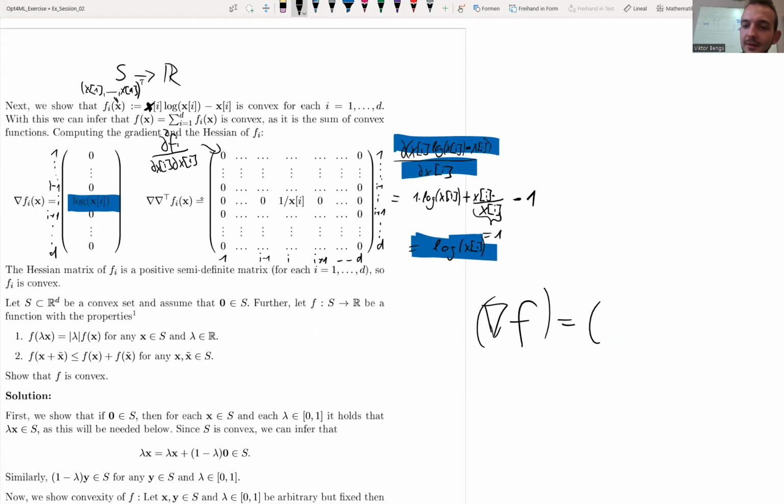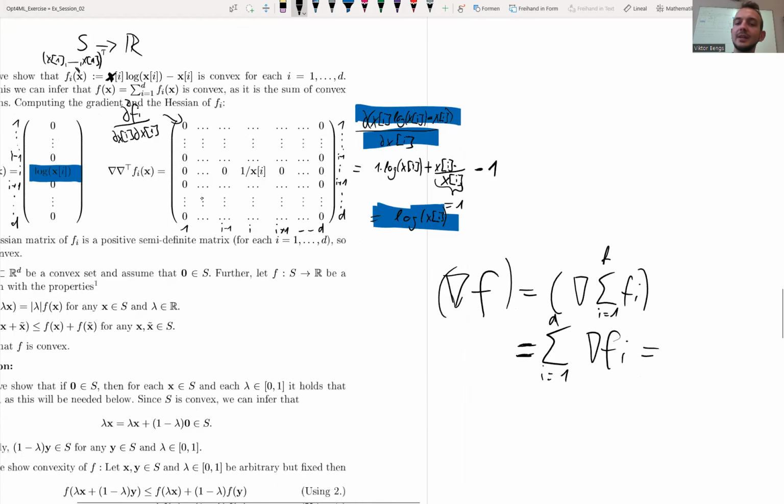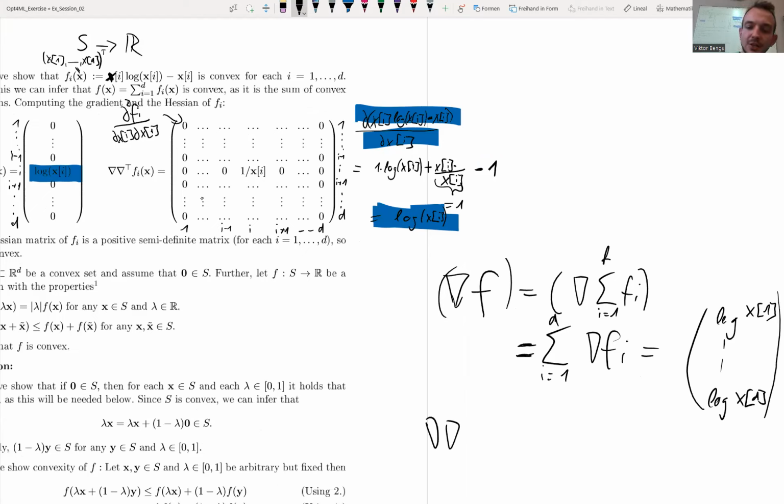So, this would be the gradient of the fi's I'm using here, and we recall that we can write out the sum as this. So the gradient of f would be logarithm x1 up to logarithm xd, and the Hessian matrix, you can do the same.